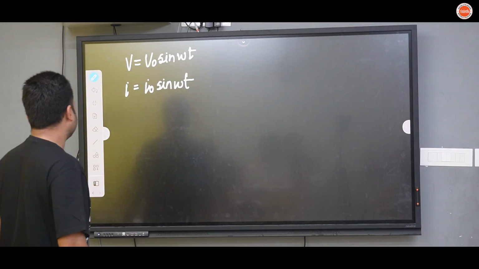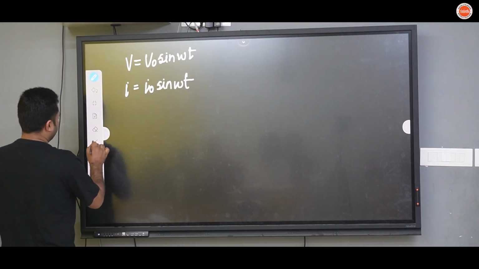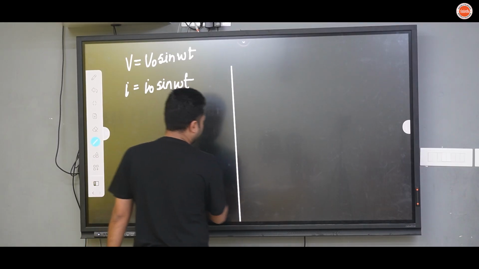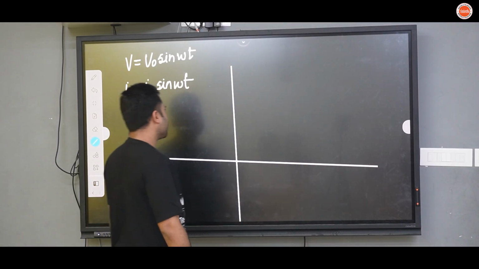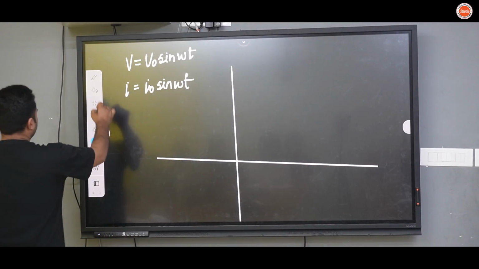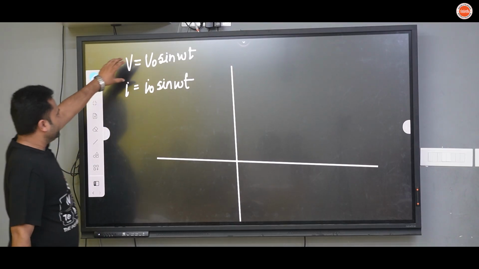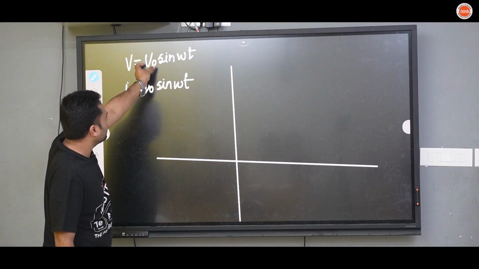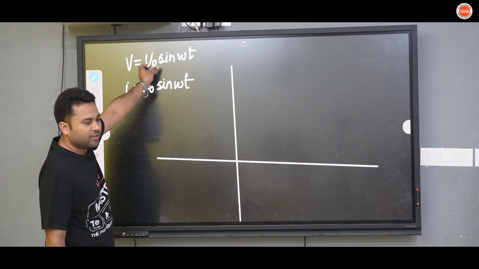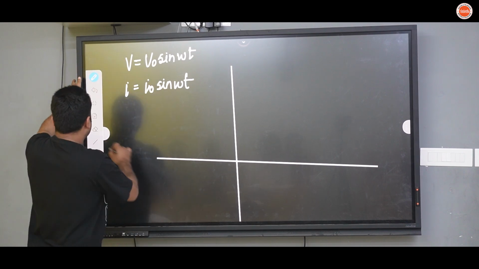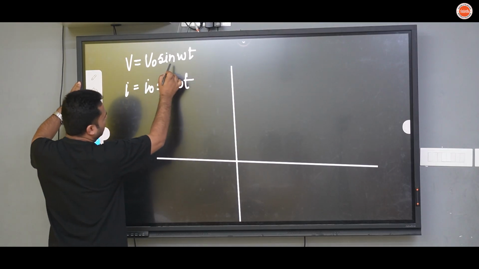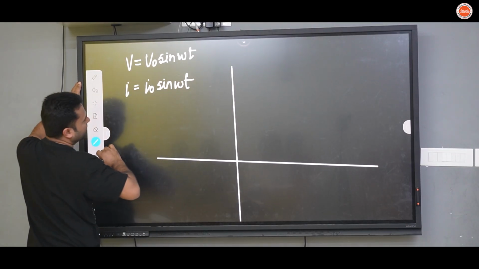If I want to represent this voltage by a vector, what I will do, see, like suppose this is my y-axis, this is my x-axis. So voltage length will be representing what? V0, maximum value. And this angle will be decided by its phase.